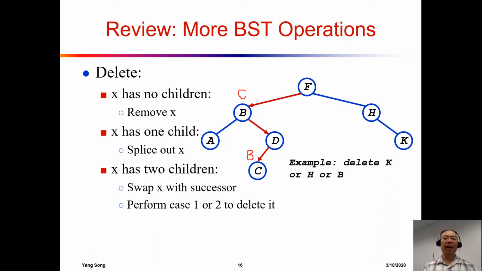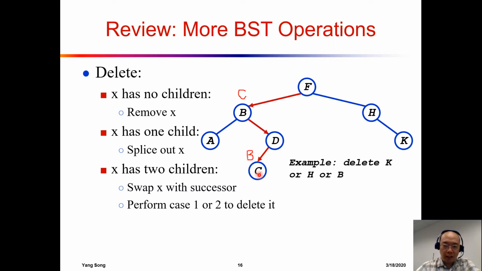Sorry for my handwriting, that's really awful. So this is the first step: we are swapping b with the successor c. Then the node we are trying to delete, which is b, is now moved to the new location here, and we want to delete it from the new location.